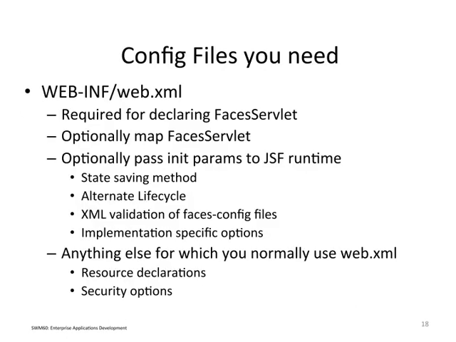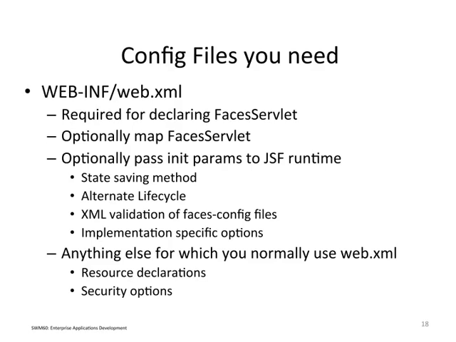When we deal with JSFs, we always need some configuration files to specify how to execute them. The first file we need is the web.xml file. It sits within the WEB-INF directory, which you know from last semester about Java servlets.